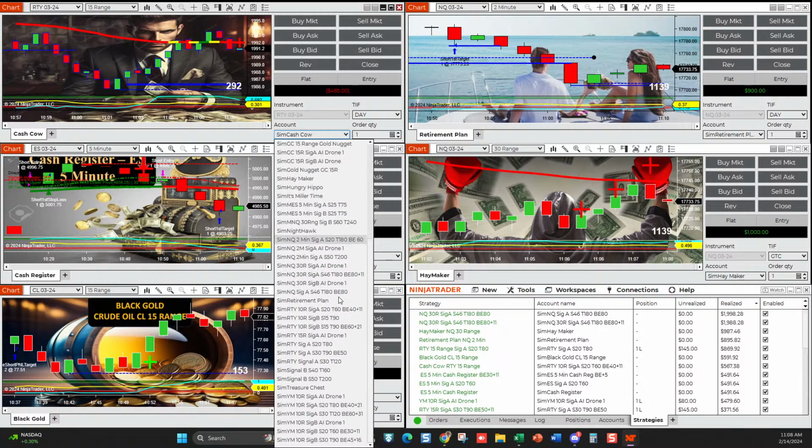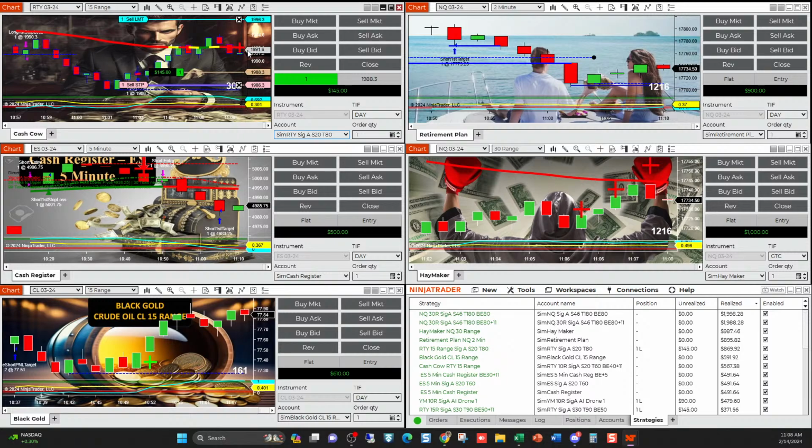RTY 2080. And black gold's up 610. Wow. What a day. Other than the cash cow, we're kicking some butt today, making some big money.